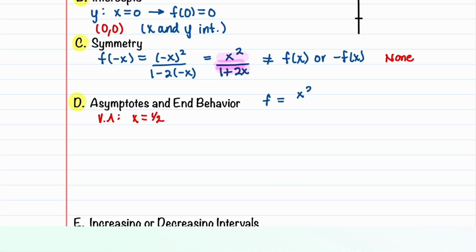It is x squared, all divided by 1 minus 2x. Whenever you think about a horizontal asymptote or a slant asymptote, you need to look at the leading term in the numerator and the denominator. Notice that the numerator is 1 degree higher than the denominator. That tells us that we are going to have a slant asymptote.